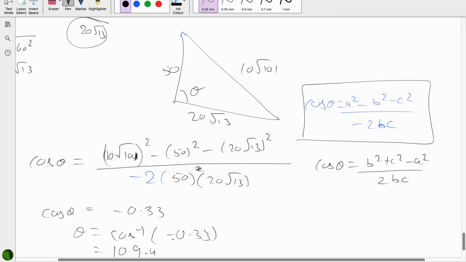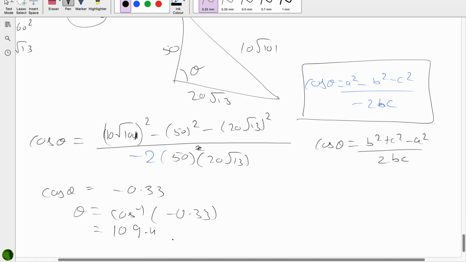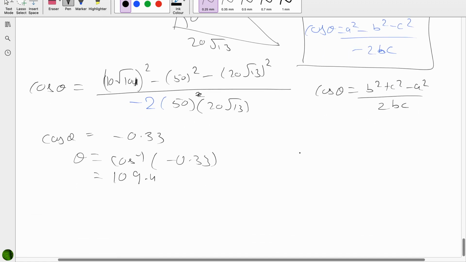This was one method. There is one other method. For the case of vectors, what we do is take the first vector and second vector. You have to be careful when you're finding this angle. Both the vectors must be going away from this point or coming towards this point.